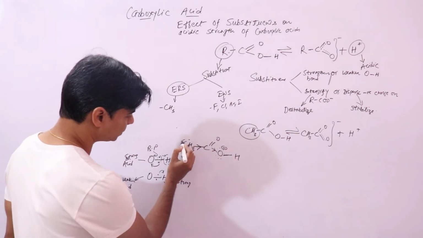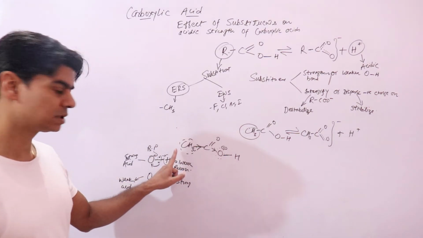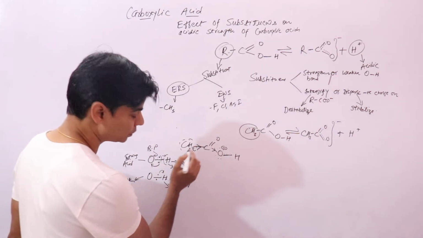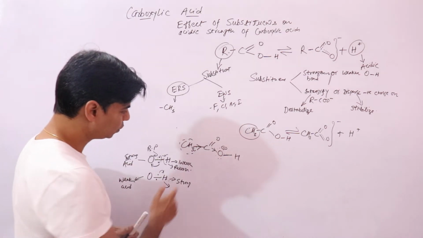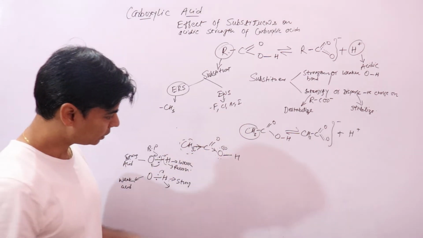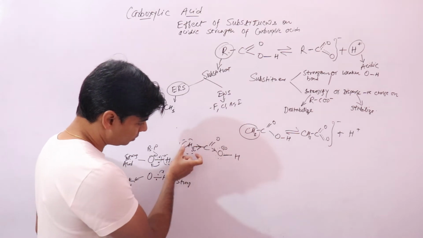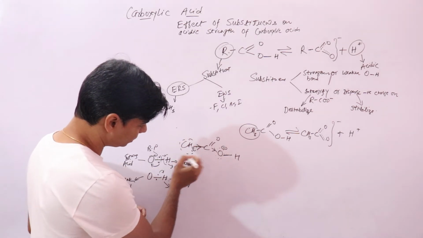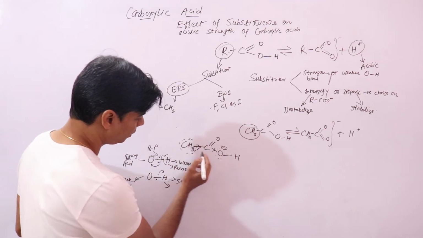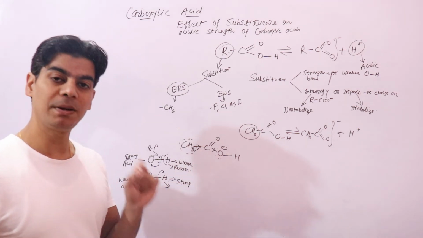Now this is a substituent. Let's come back to this. What it is doing is releasing electrons towards the carbonyl carbon and oxygen. This release of electrons is due to the plus I effect.